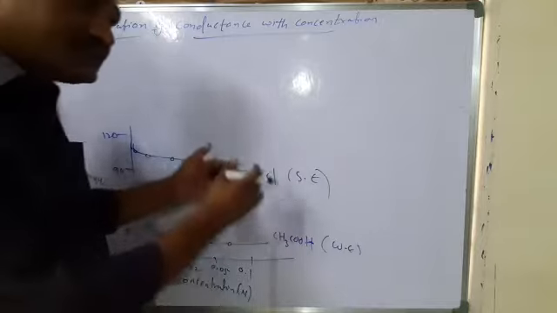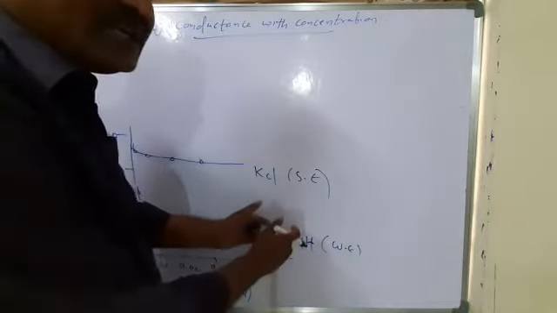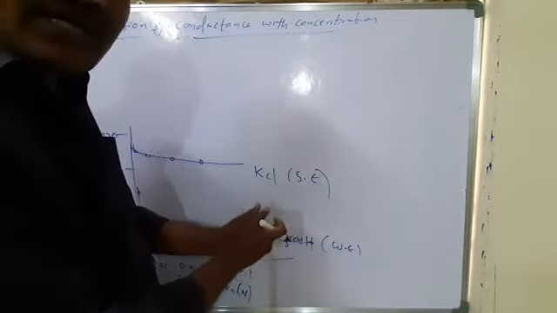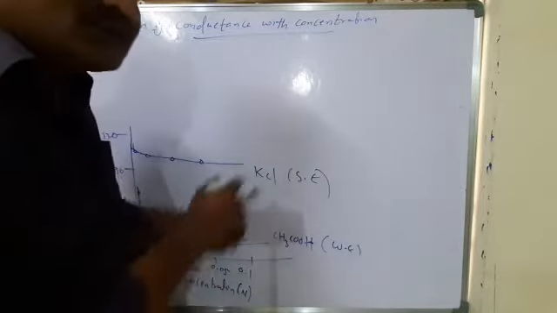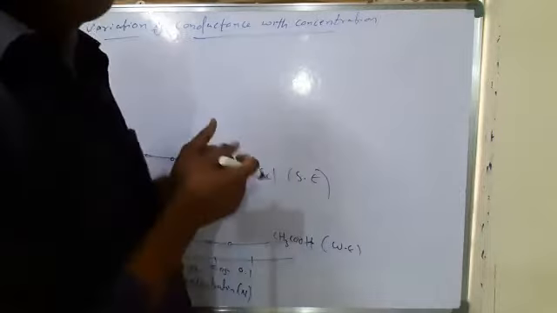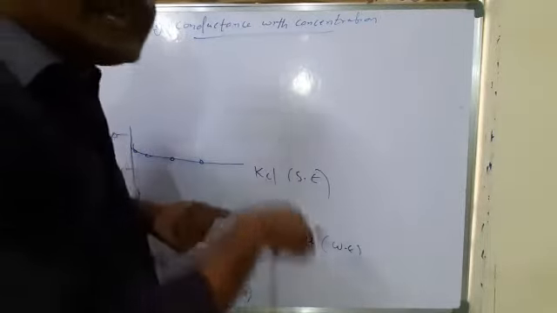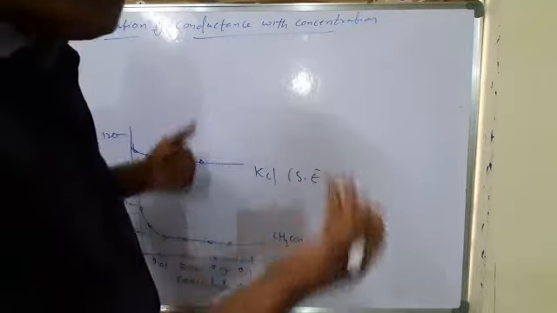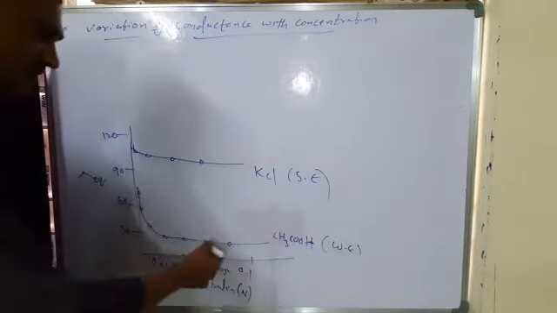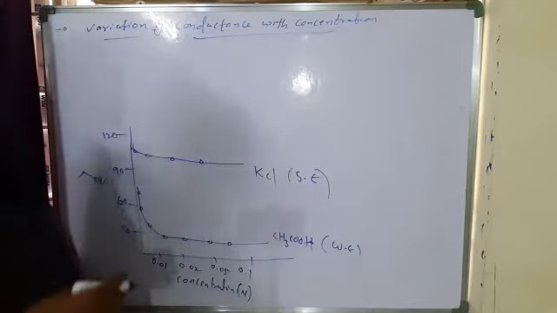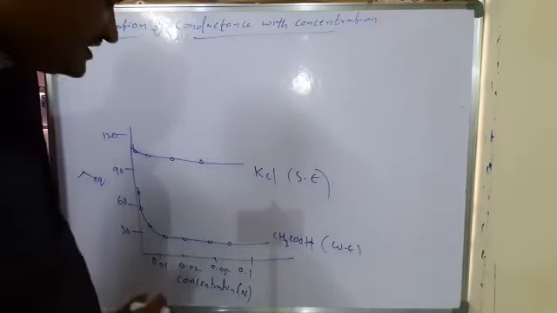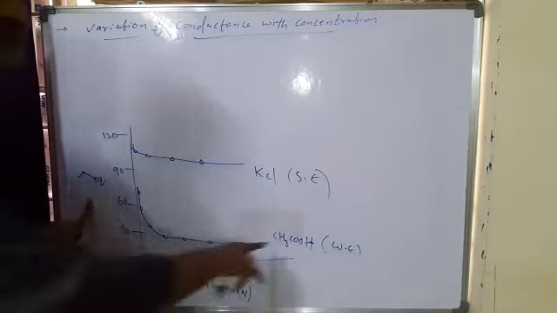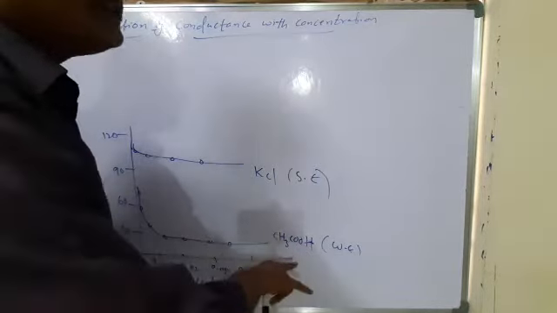Because weak electrolytes initially have a small number of ions. By addition of water, the number of ions increases. Upon dilution, the number of ions increases for weak electrolytes. So the equivalent conductance or molar conductance of weak electrolytes increases fast upon dilution.